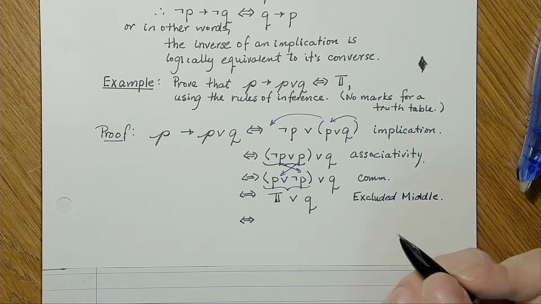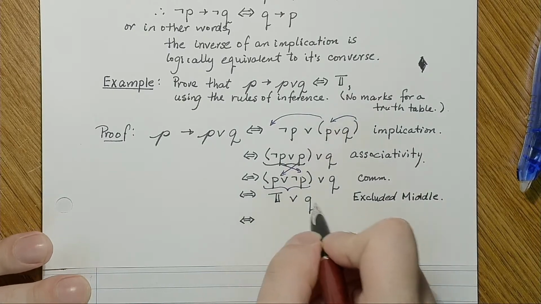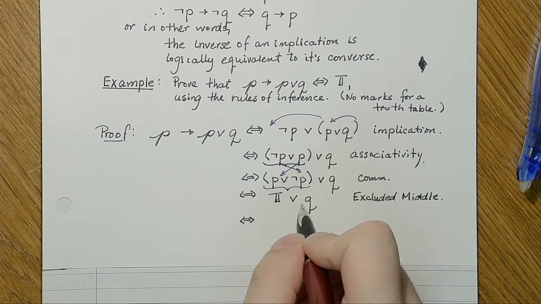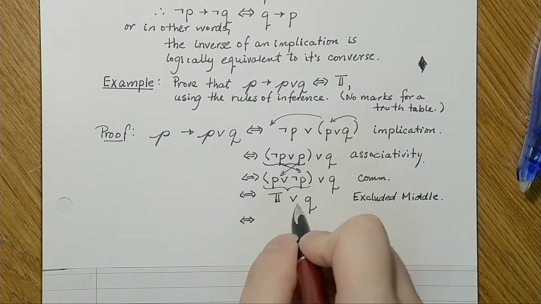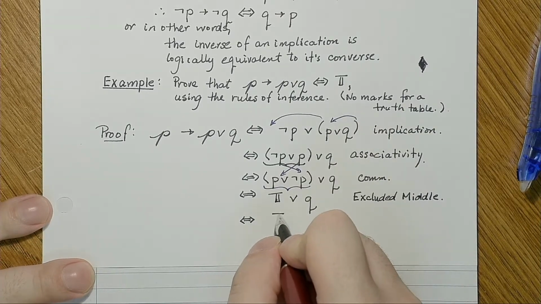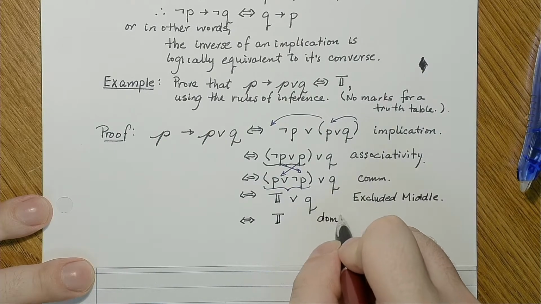And I believe we called this last step the domination because when we have a tautology or something of the proposition, it's always going to be true, because with the or, we need at least just one of the propositions to be true. So this is a tautology, and that is by the domination law.